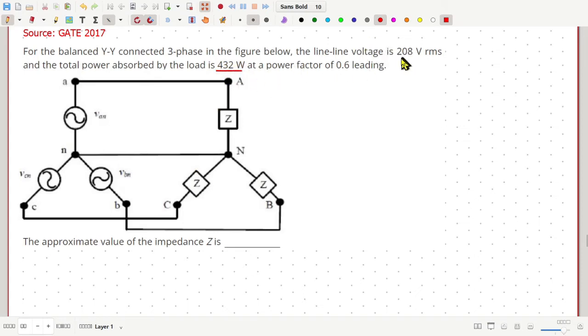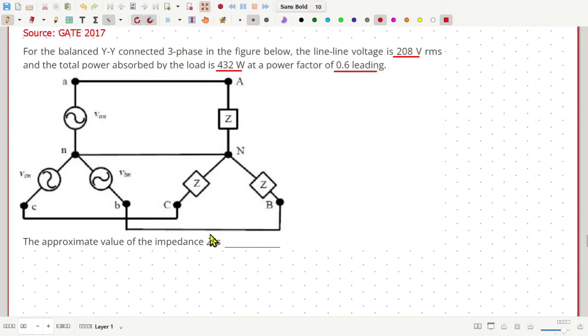The line-to-line voltage is 208 volt. The power factor of this load is 0.6 leading, and from this we have to find out the value of this impedance Z.